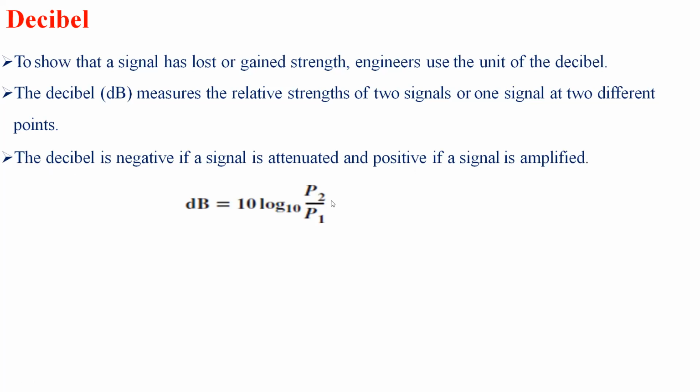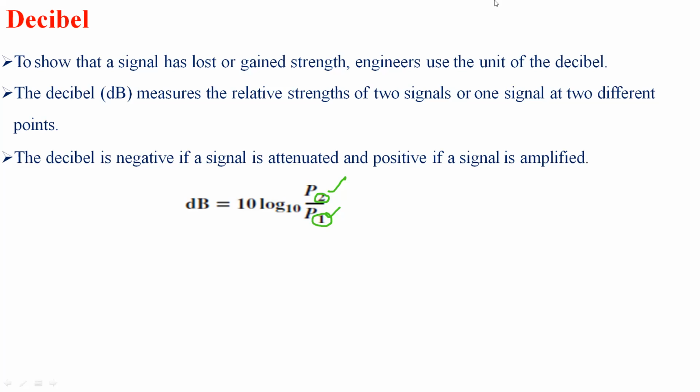It is calculated as dB equals 10 log base 10 of P2 by P1, where P2 and P1 are two different variables. Here P2 and P1 are the powers of a signal at points 1 and 2 respectively. By using this, we can calculate the dB values.